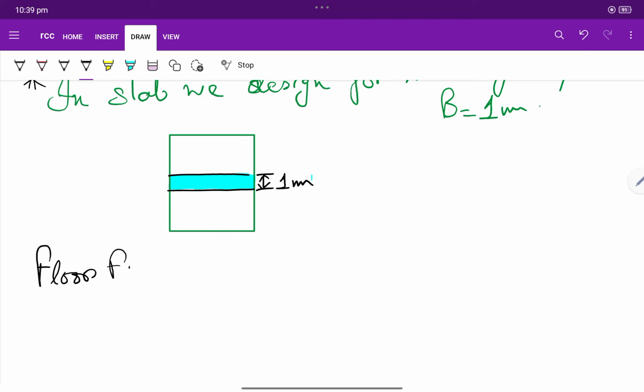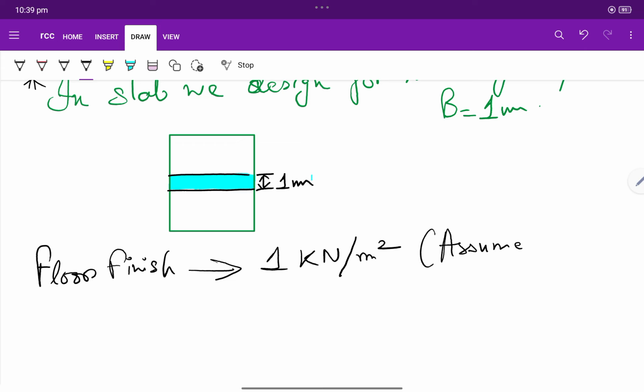We generally assume the floor finish is 0.5 to 1 kilonewton per meter square.